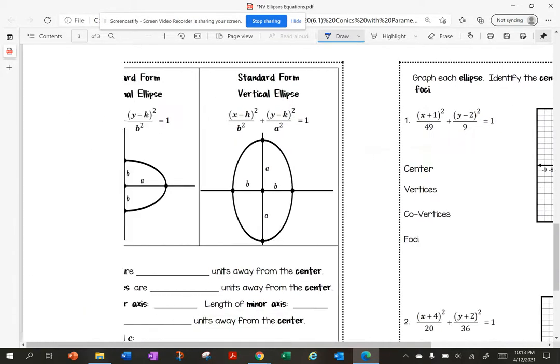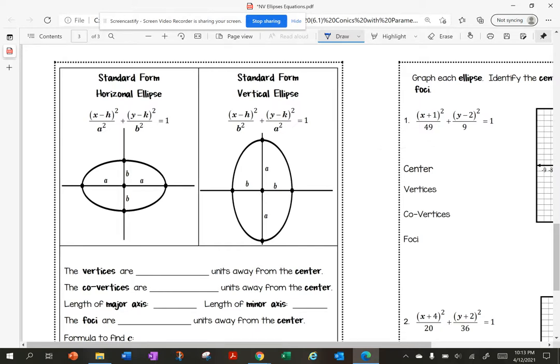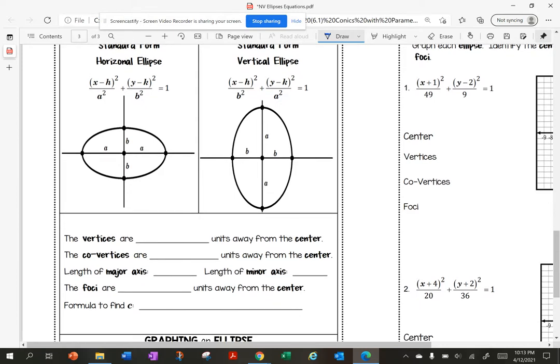So we've got some standard forms or standard equations. For a horizontal ellipse, my equation is (x minus h) quantity squared divided by a squared plus (y minus k) quantity squared divided by b squared equals 1. Going through here, the vertices are plus or minus a units away from the center.